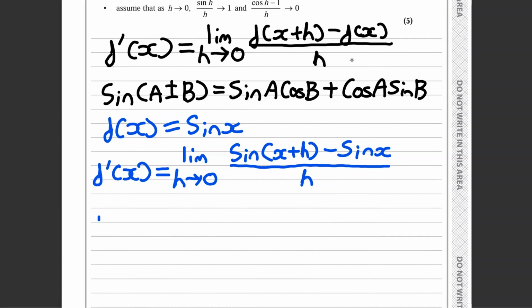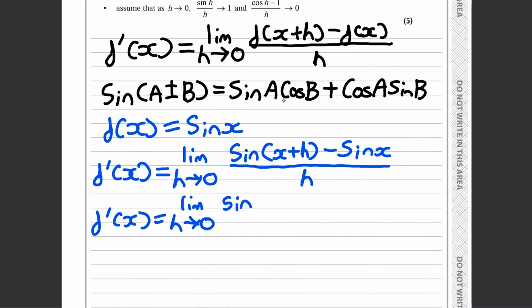Okay, so from here what we can do, so f dash of x is equal to the limit as h approaches 0. So we can use the addition formula here for sin of x plus h, so it's this formula up here. So it's going to be sin, so a here is x and b is h. You can use them interchangeably, but we'll call it that.